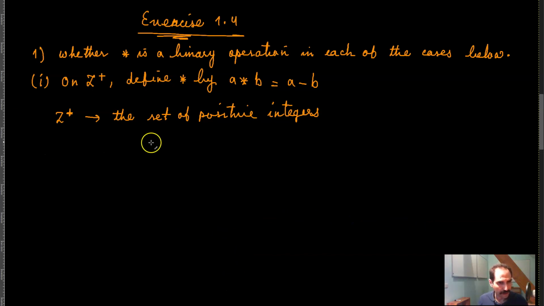So having that out of the way, Z plus is the set of positive integers, the set containing 1, 2, 3, and so on and so forth, the same as the set of natural numbers. We define star by a star b is equal to a minus b, and of course we had a definition over here, and I guess I need to write these definitions somewhere so that we can have them all in one place.